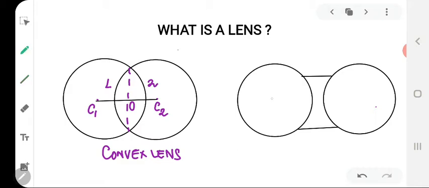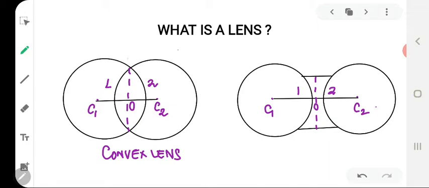Again, if we mark the centers, this is C1, this is C2. We join the centers with a line. This is the axis and this is the optical center. So lens surface 1 and lens surface 2.